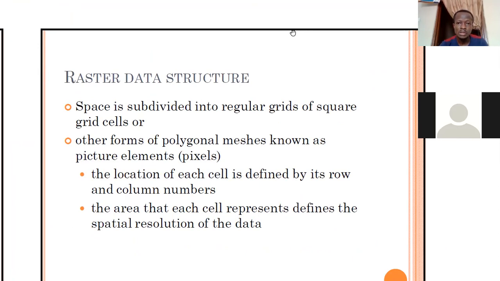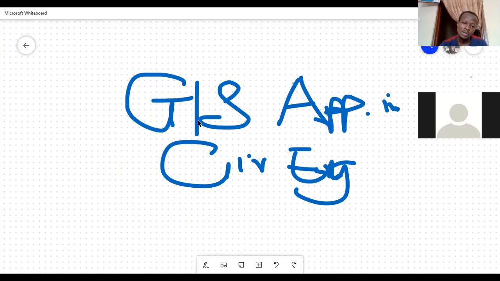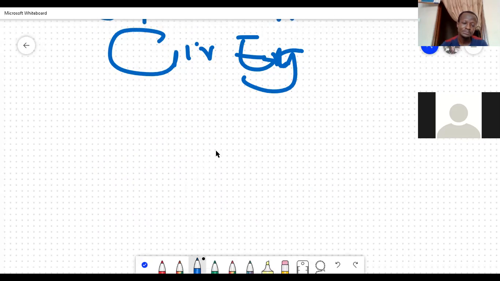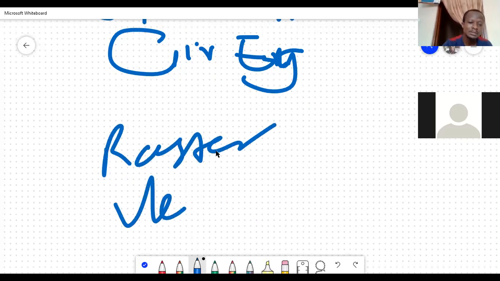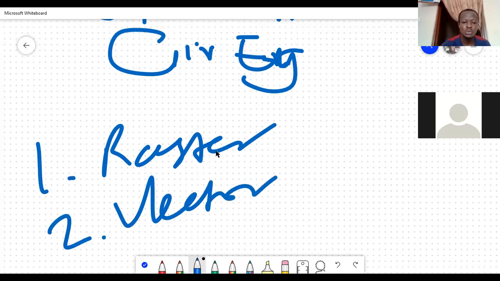So I will expect you to know just two things: the raster and then the vector data model. So 1, 2, and then you are good to go.